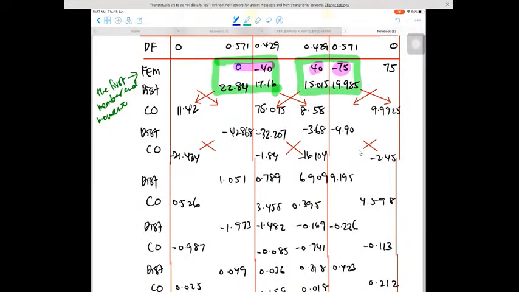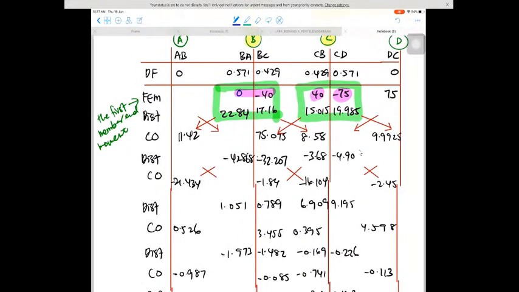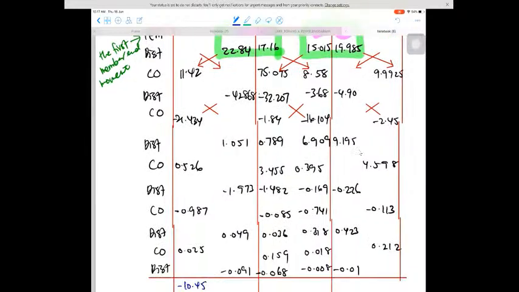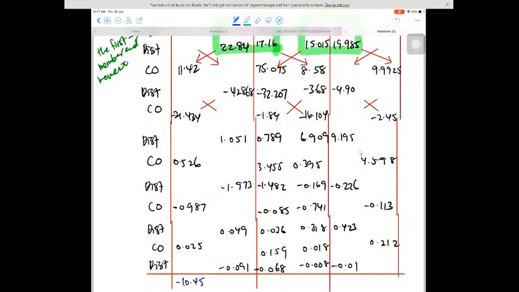Okay, so for BA, it is 22.84 minus 42.868 plus 1.051 minus 1.973 plus 0.049 minus 0.091. It is negative 20.992.